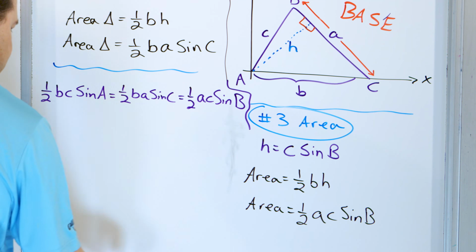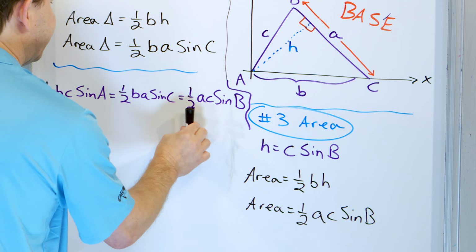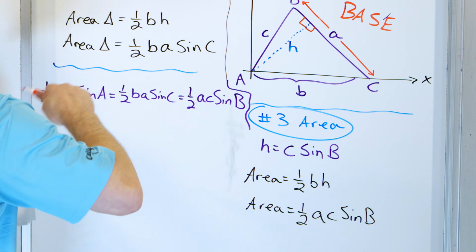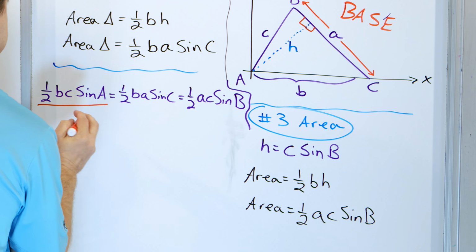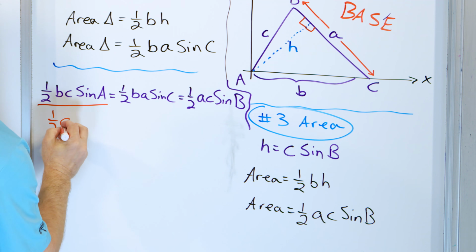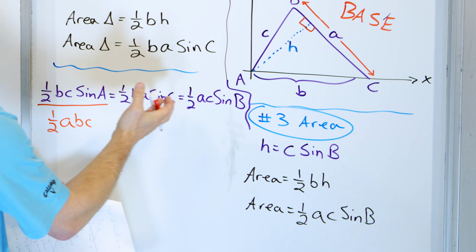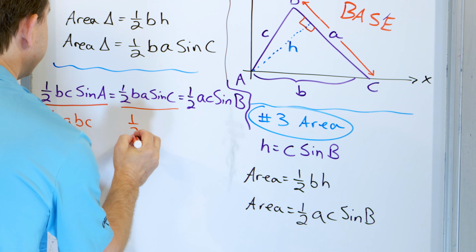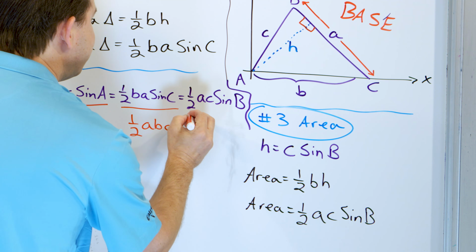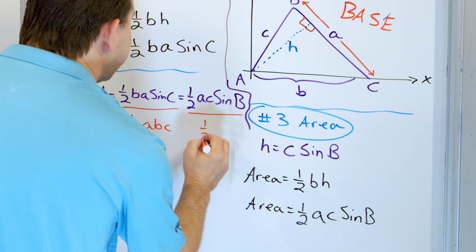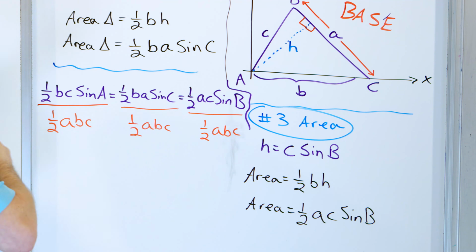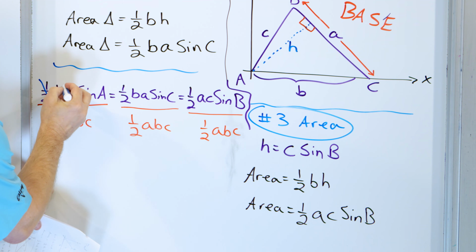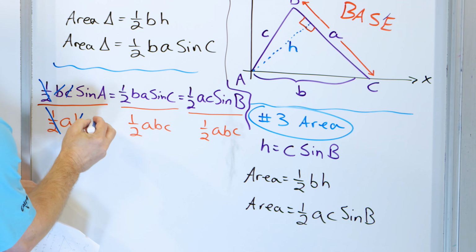Now what do we do? Well, 1/2 is common to everything, so we can divide by 1/2. What we're actually going to do is divide this entire thing by the following: 1/2 times A times B times C. And remember, in any equation, you can do whatever you want to both sides, so I have to divide this one by 1/2 times A times B times C, and I also have to divide this one by 1/2 times A times B times C. So the 1/2 is going to cancel, the B is going to cancel here, and the C is going to cancel.